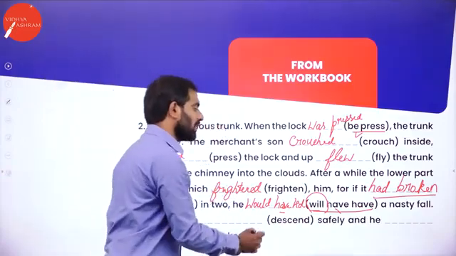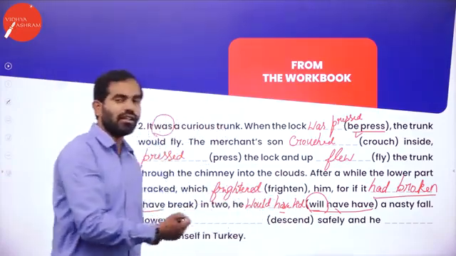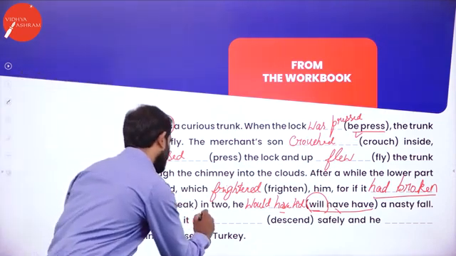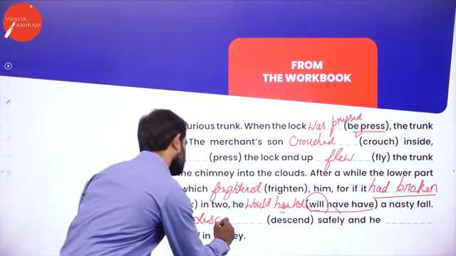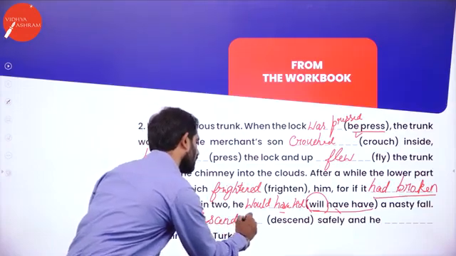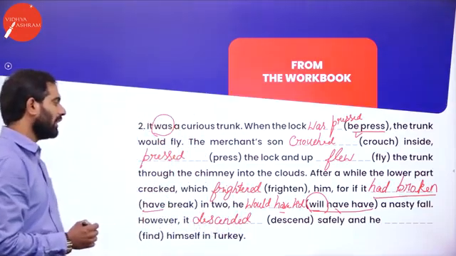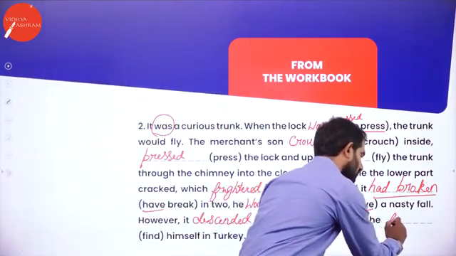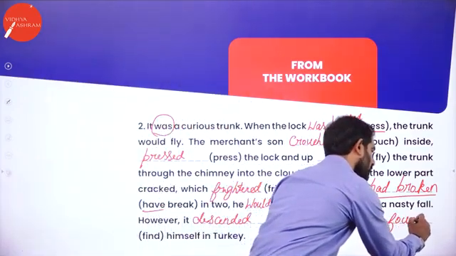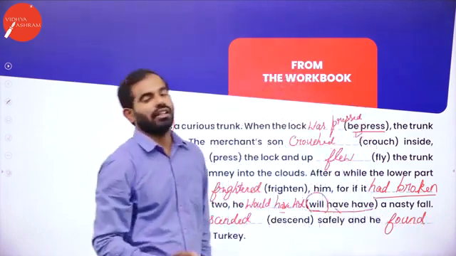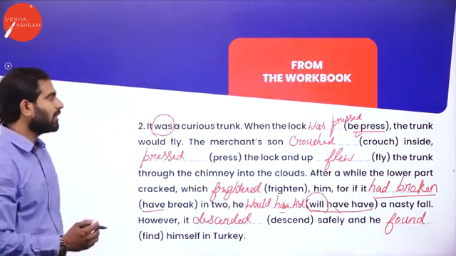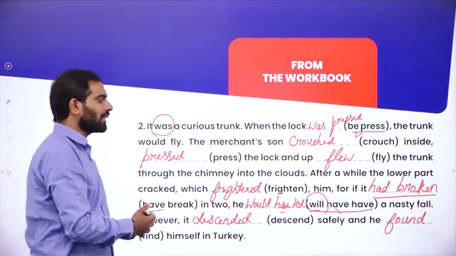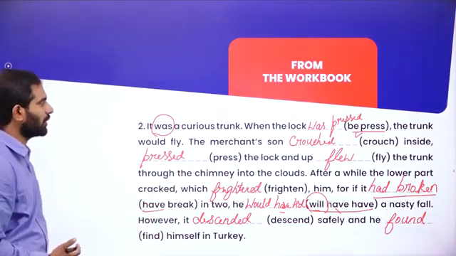So he would have had a nasty fall. However, it descended, it came down safely and he found himself in Turkey. So be clear, don't be in a hurry to attempt these kinds of questions in your examination.